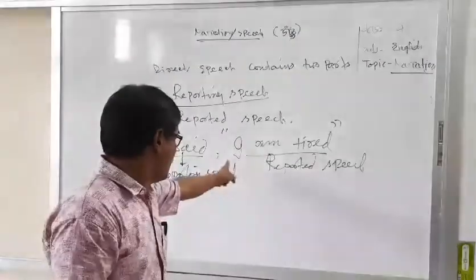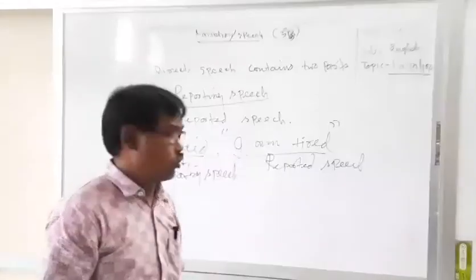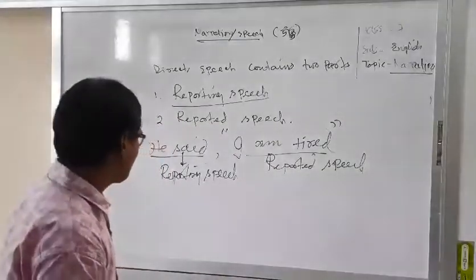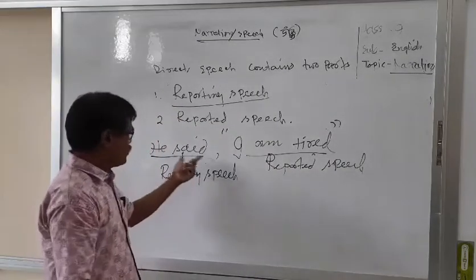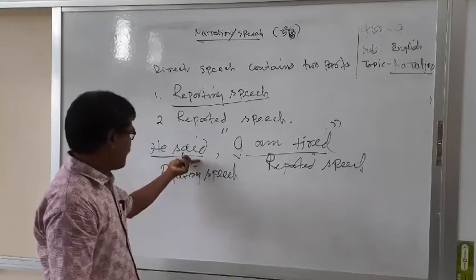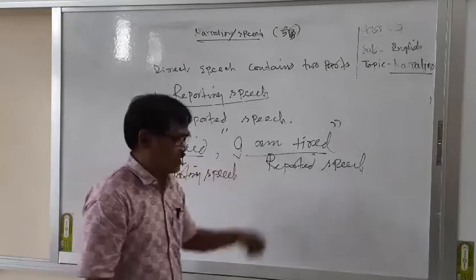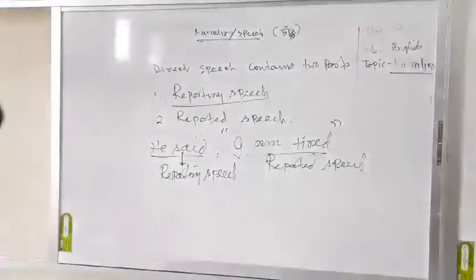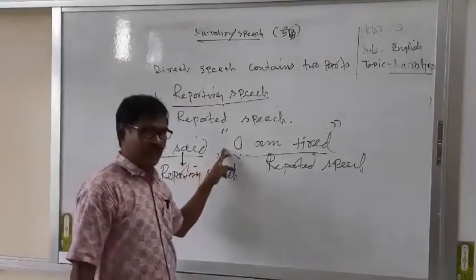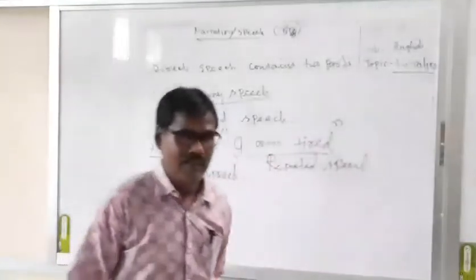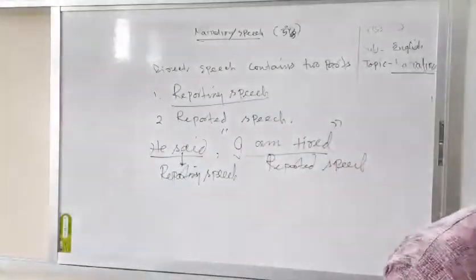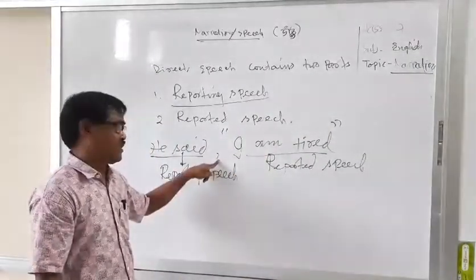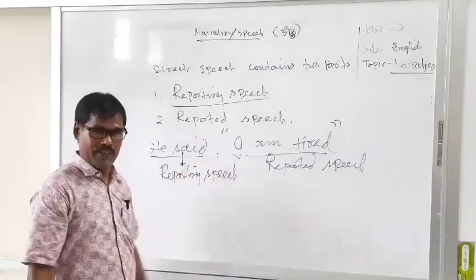While changing from direct to indirect, we should follow different types of linker words. When reporting speech and reported speech are joined by the connector, the inverted commas are always omitted, and the comma after the reporting verb will be omitted.